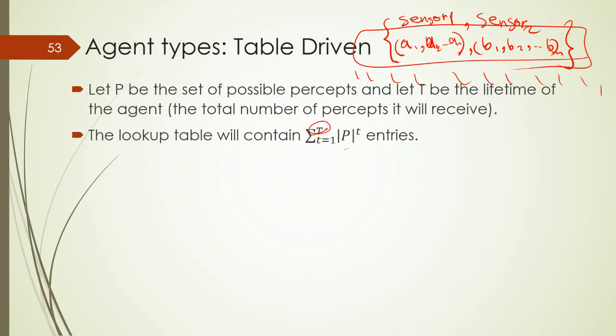If it's for 1,000 steps, or millions of steps, or 10 steps, the total number of entries in the table will be sigma, the collection of all possibilities of P to the power of T, where T changes from 1 to the total number. A simple calculation. I expect you to be able to do that if you have this information.